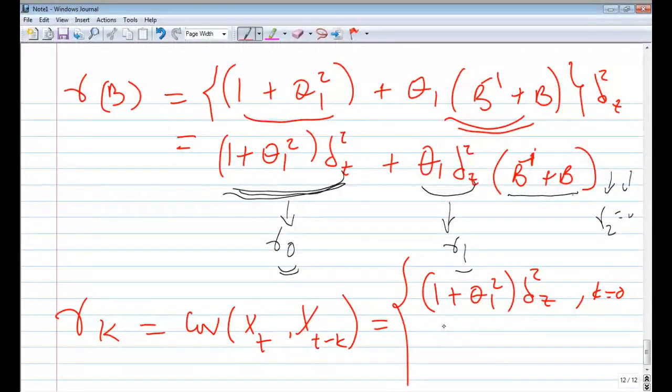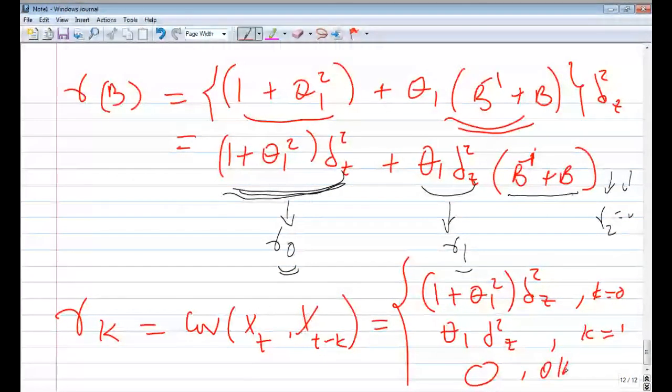For gamma 1, you've got theta 1 sigma squared Z, that is k equal to 1. The rest are zeros.